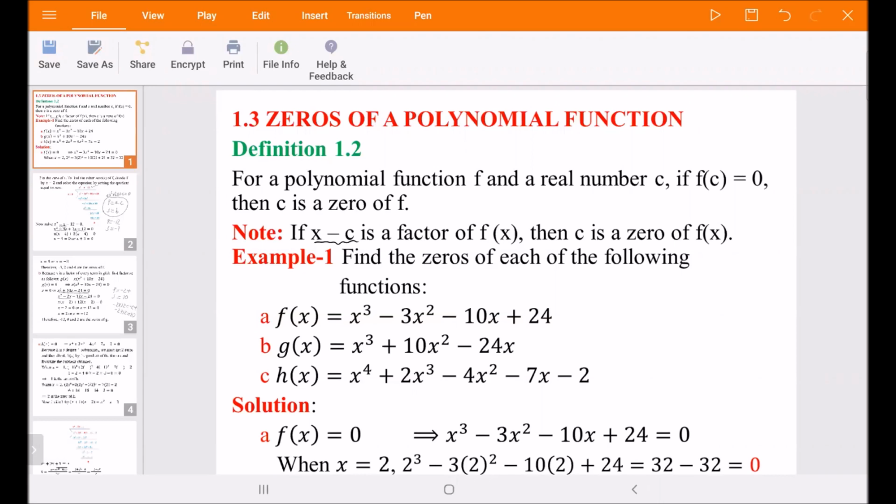And in this case, all that matters is finding 2 zeros. If you find 2 zeros, then you convert them to factors. You take their product, you divide this polynomial by the product of the factors, then you solve the quotient equal to 0. Then you will have all the possible zeros of this polynomial.